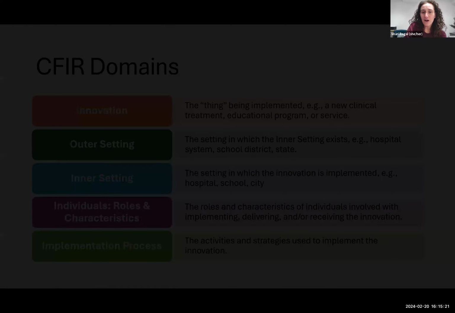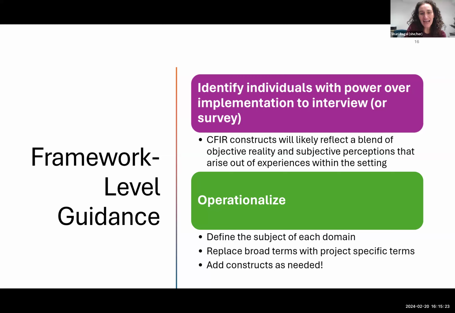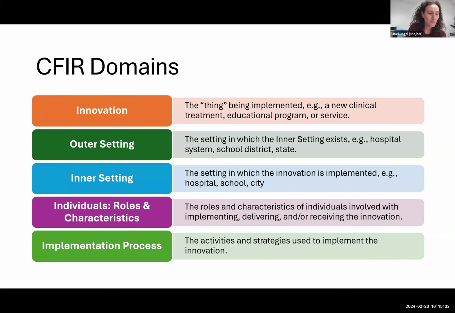And Caitlin always says this, to add constructs as needed. So this is not gospel. This is a working framework, as is evidenced from the fact that it's been updated so much. Everybody should tailor it to what they need and also feel free to add and make suggestions.